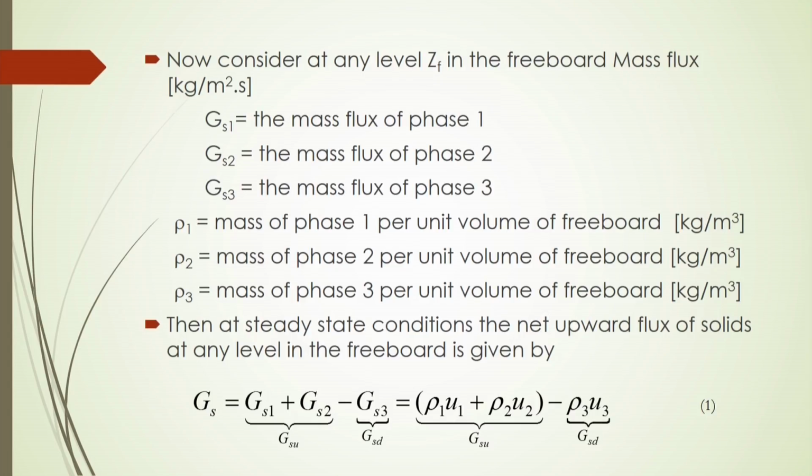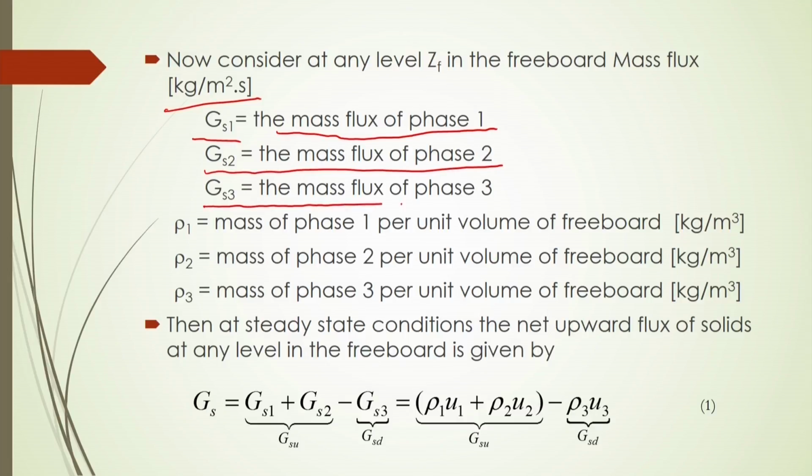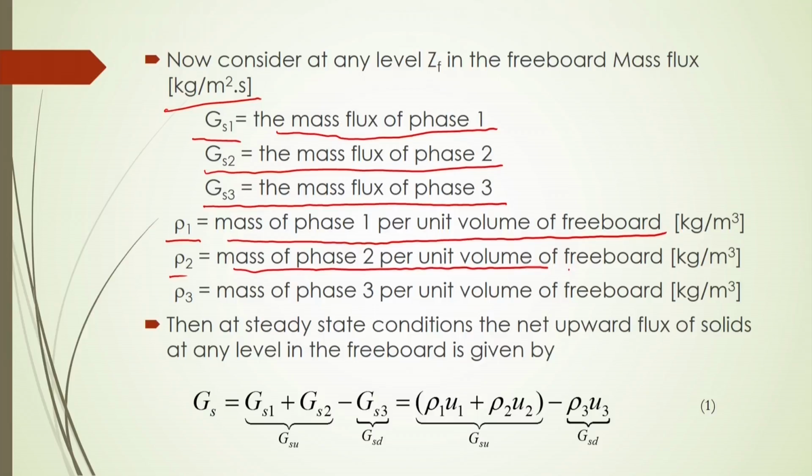Now, consider at any level ZF in the freeboard, mass flux is represented in kg per meter square second. Let GS1 be the mass flux of phase 1, GS2 the mass flux of phase 2 and GS3 the mass flux of phase 3. Also, let rho 1 be the mass of phase 1 per unit volume of the freeboard, rho 2 the mass of phase 2 per unit volume of freeboard and rho 3 the mass of phase 3 per unit volume of freeboard.